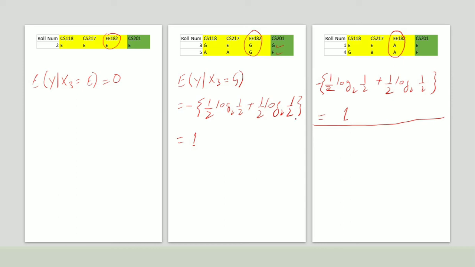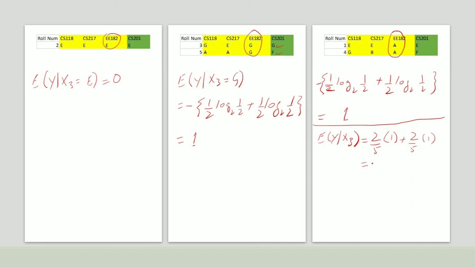So the average entropy of this third column X3 would be entropy of y given X3 is equal to, now for this particular partition I have only two records here. Out of 5 I have two records that have the value G, so that would be 2 out of 5 into entropy of the second partition, that is 1. So 2 by 5 into 1, plus here again I have 2 out of 5 values, 2 by 5 into 1.